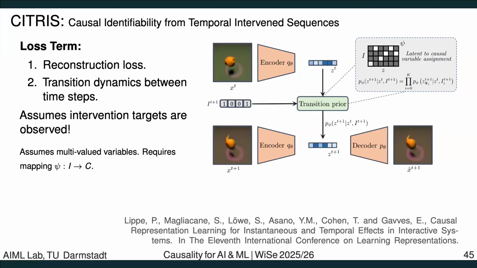Of course, you can then look at explainability methods, GradCam or whatever, to figure out the areas in the image that affect individual latent variables. And if you have those latent variables, you might as well also just run a causal discovery method on it, right?